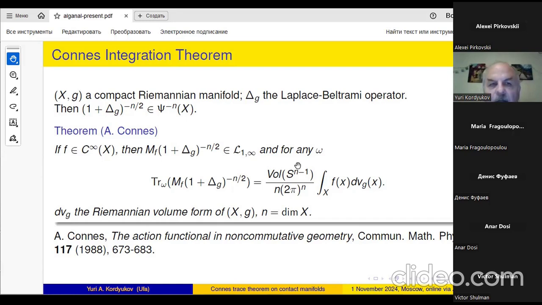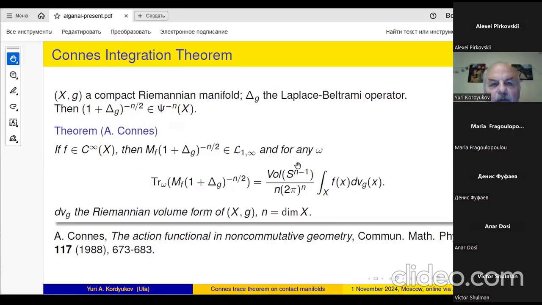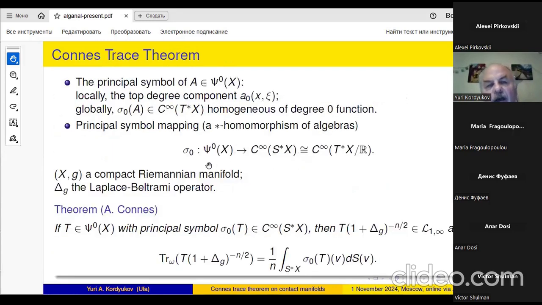But we can also consider not only multiplication operators, but any pseudo-differential operator of order zero. So multiplication by a function is an operator of such type.